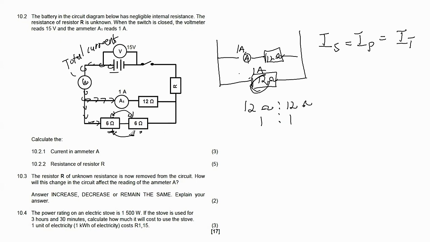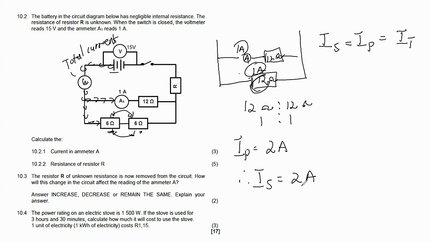We can find the total current by finding the sum of the current in the parallel branches, right? So if this is 1 ampere and this one is also 1 ampere, that means the current in the parallel part will have to be 2 amperes. And if the current in the parallel part of the circuit is 2 amperes, this means the current in ammeter A is also equal to 2 amperes, right?